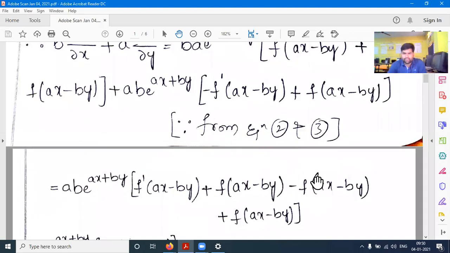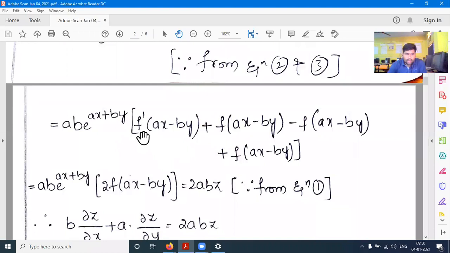So minus f dash of ax minus by plus f of ax minus by. So here you have to write f dash minus f dash of ax minus by plus f of ax minus by.